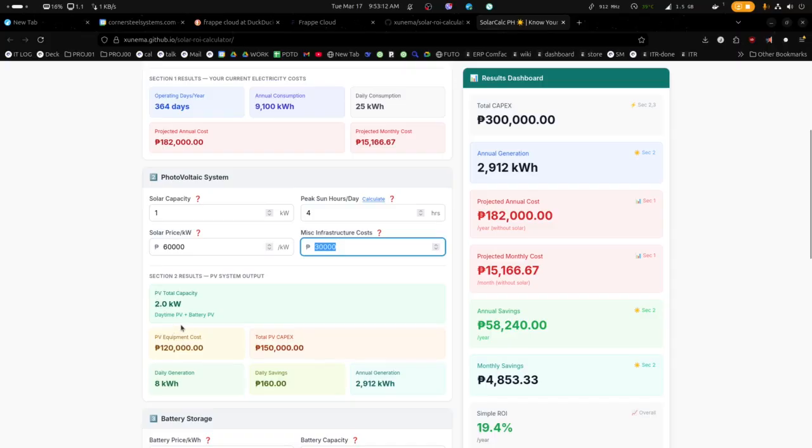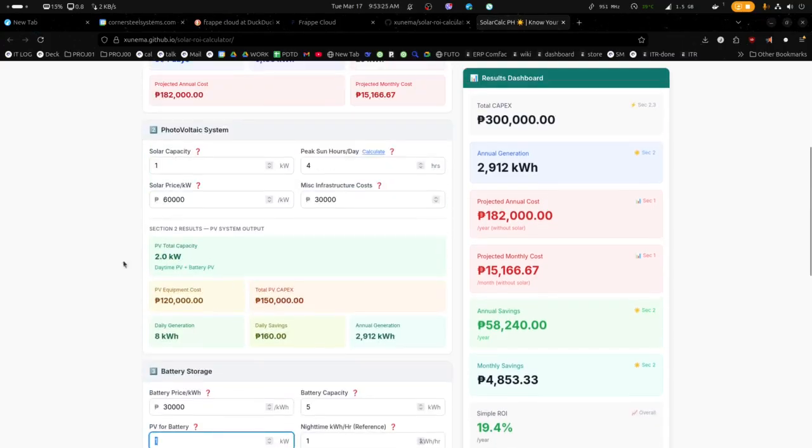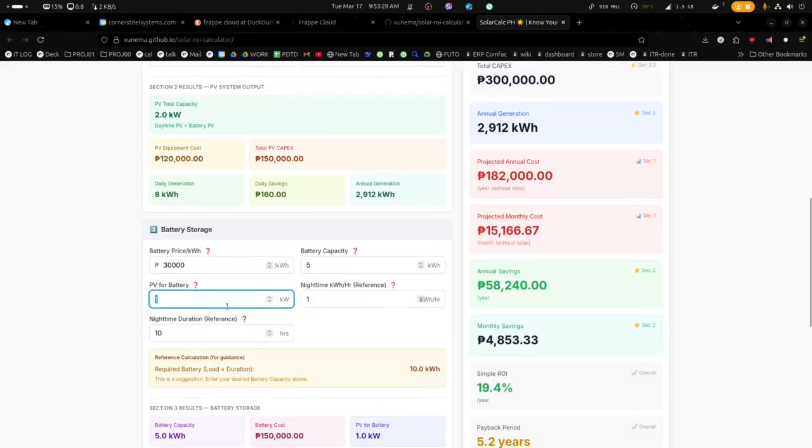Even if it's one, it's calculated as 2 kilowatts because we purchased solar for the battery, so this is both battery and storage. This is for the solar itself, and this is solar whose energy just goes to the battery.